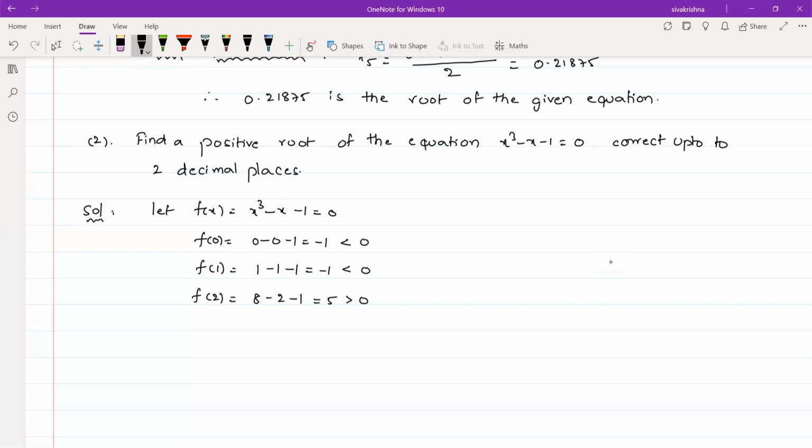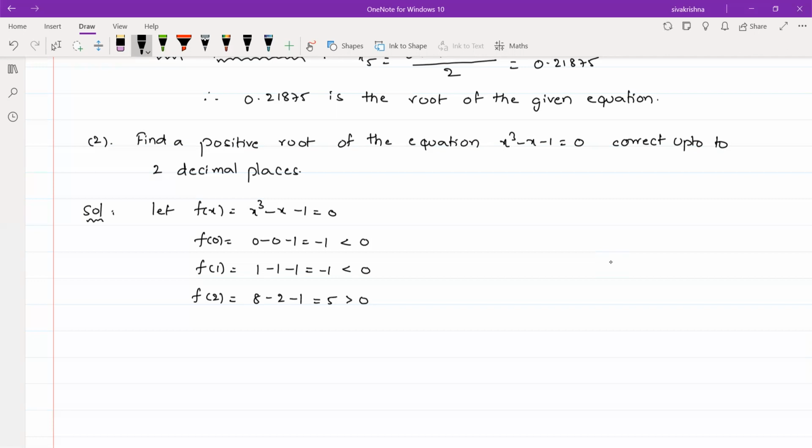Okay. So here the sign of f of 2 is positive, whereas the signs of both f of 0 and f of 1 are negative. So now we have to select two numbers whose signs are opposite. Here we have two options. We can select either 0 and 2 or 1 and 2.